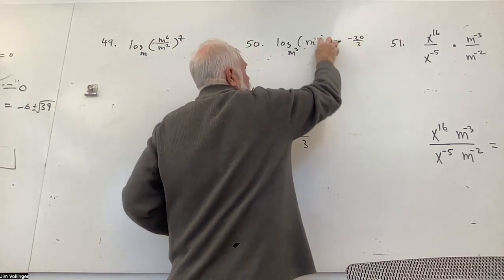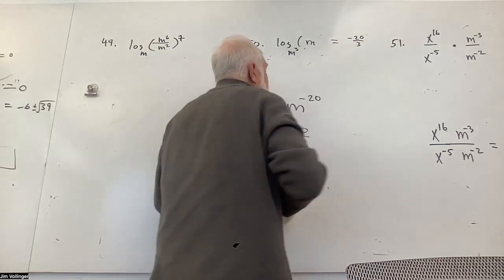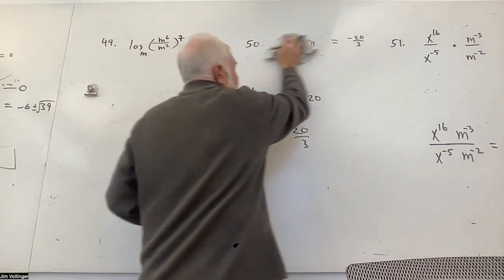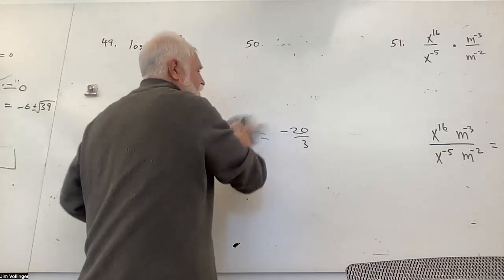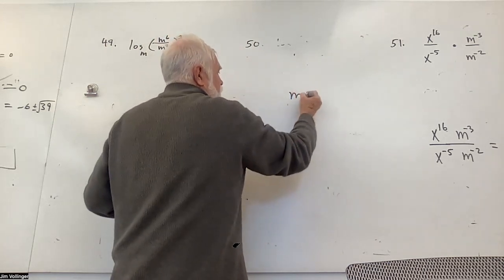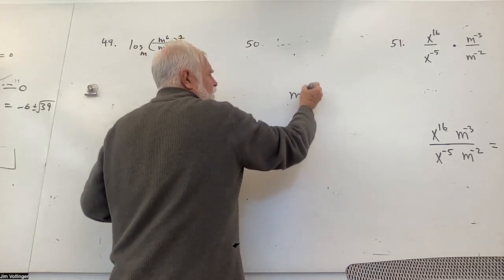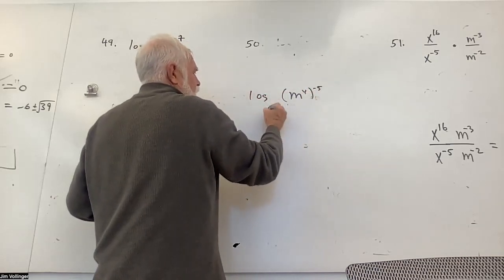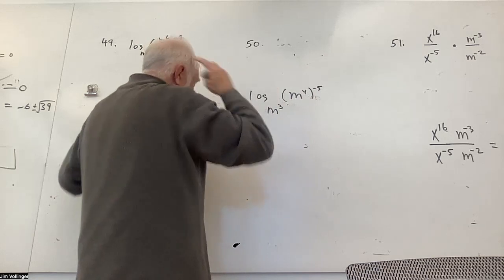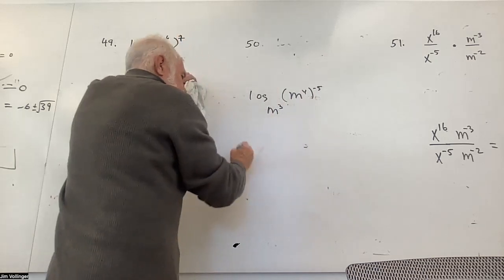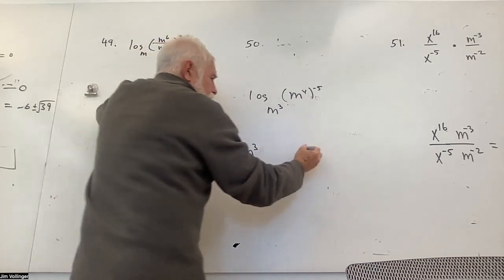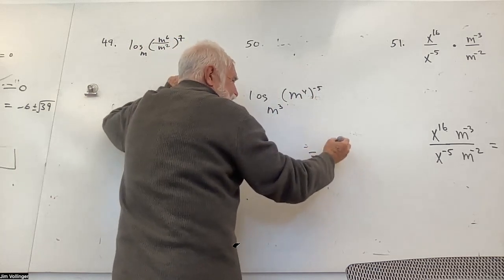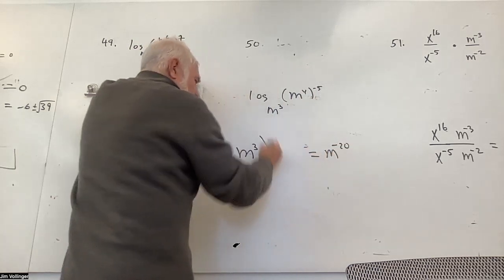So I lost myself in that problem. I'm not sure I gave a good explanation there. So let's see. It was m to the 4 to the minus 5, and this is log m cubed. So right now we're cubing m. But we want m to the minus 20. So what do we have to do?